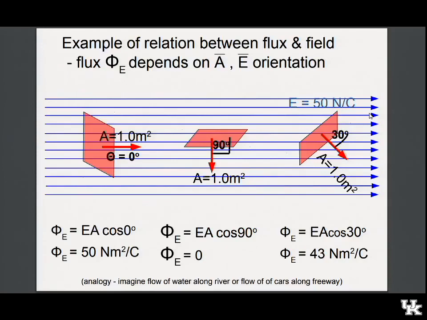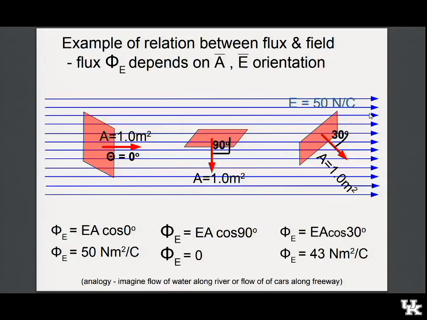So E and A are perpendicular. And in this final case, there's some orientation of the surface in between parallel and perpendicular: 30 degrees. There's a 30-degree angle between the vector A and the electric field vector E. These three surfaces, which are the same size and in the same field, have different fluxes through them because they have different orientations in that electric field.